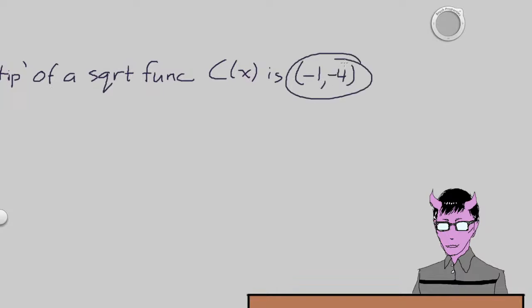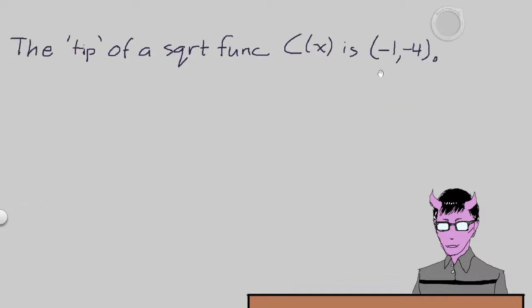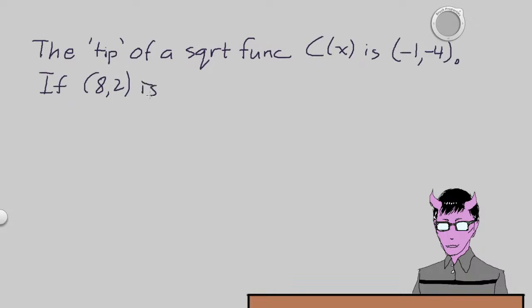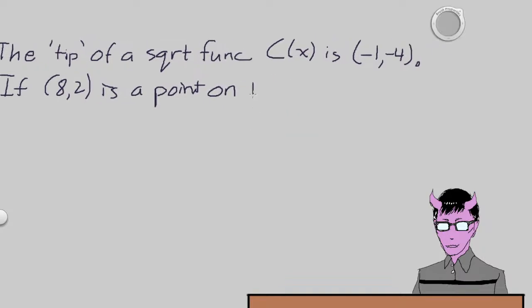So because we're given the tip, we can use that to generate the skeletal equation for this radical function. Alright, and then we have if 8, 2 is a point on the graph of c of x.